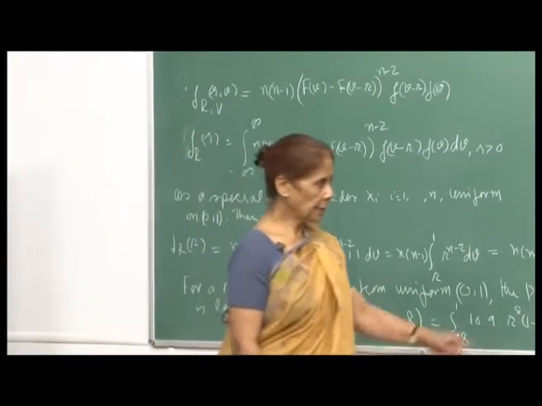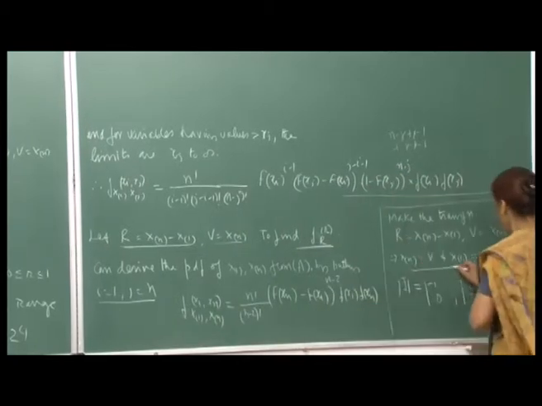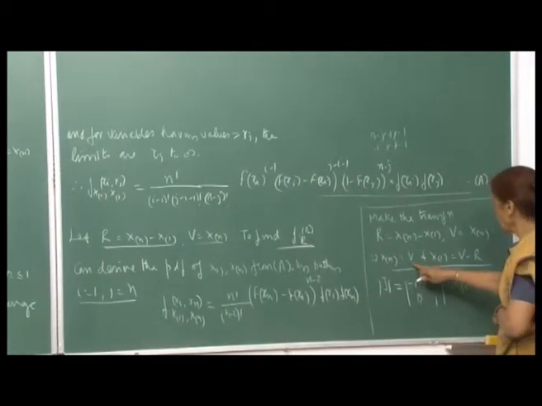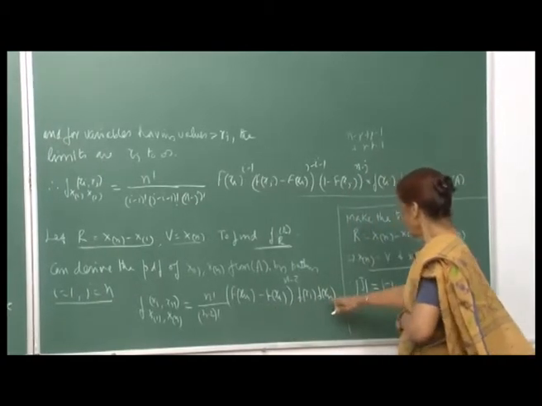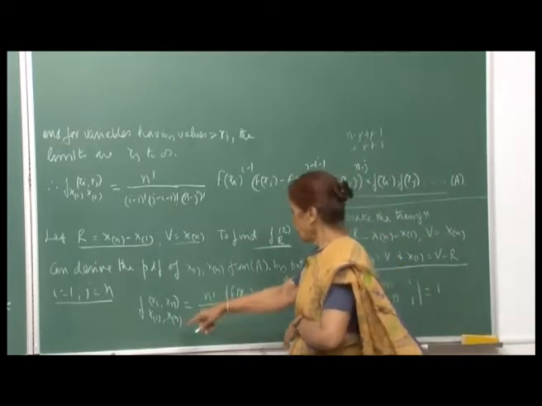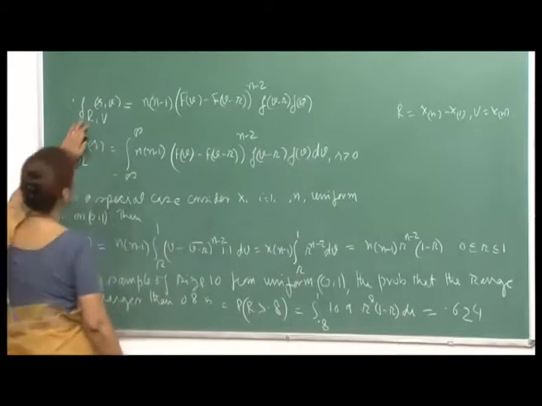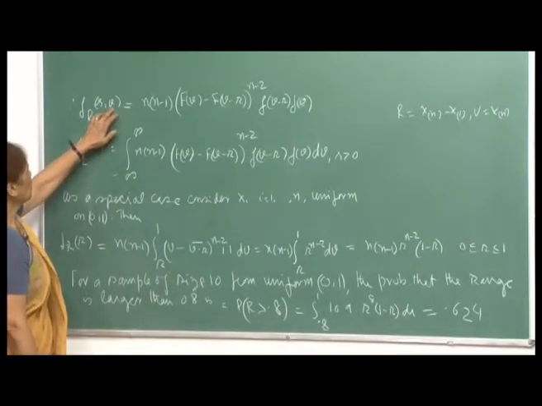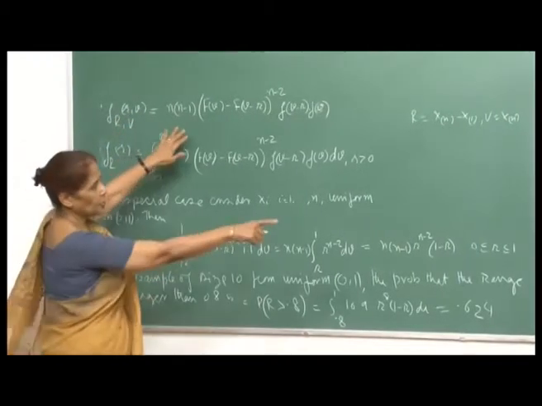So, with the absolute value of the Jacobian as 1, and this transformation, that is your x n is V and x 1 is V minus R, we just substitute for x 1 and x n, multiply by the Jacobian. So, then your f of R, V, that means capital R is equal to small r and V small v, this PDF of R and V can be obtained from this PDF.